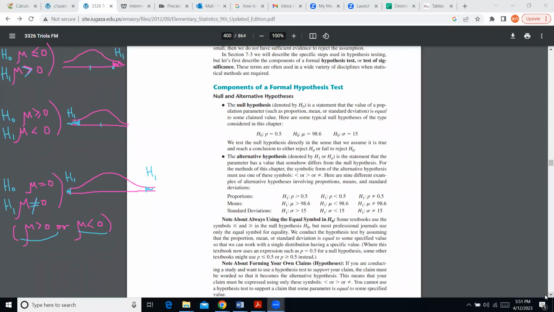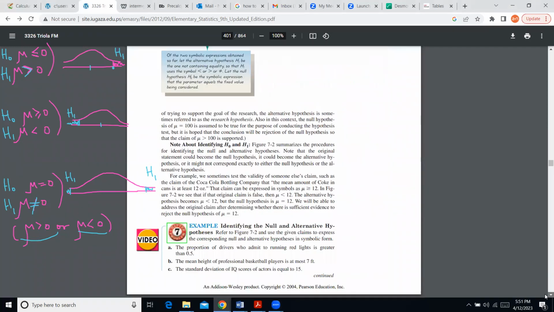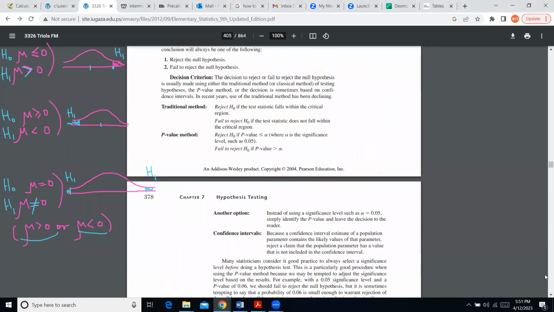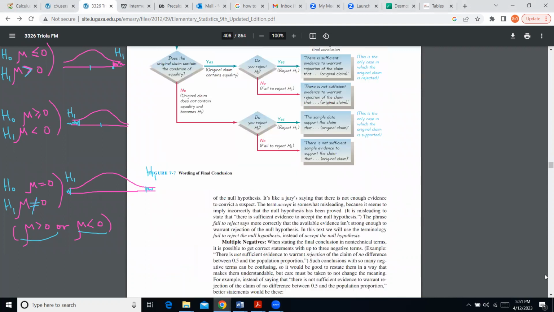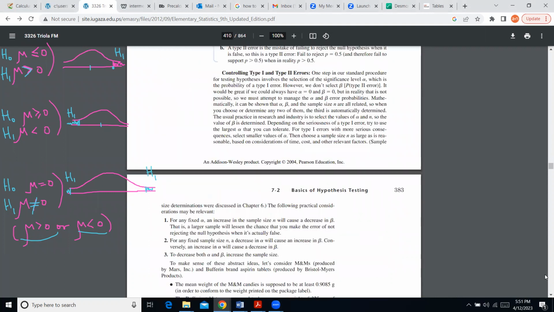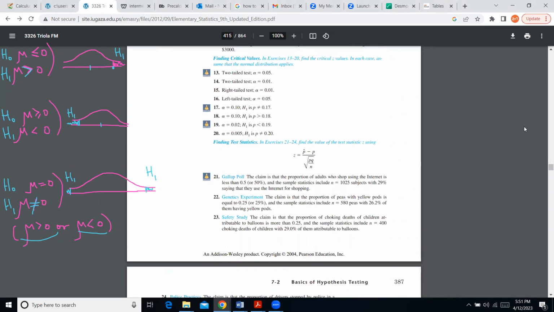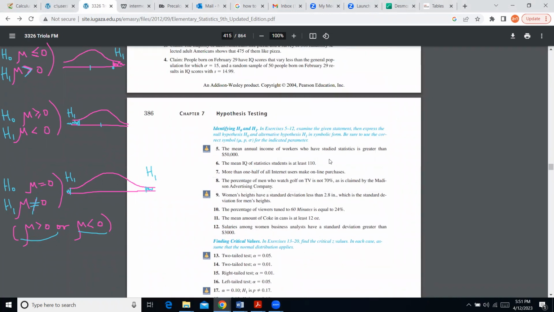So if you are given some type of a statement or claim, what I can do is produce the claim. So how about if I just look at exercise number 5 that says mean annual income is greater than 50,000.